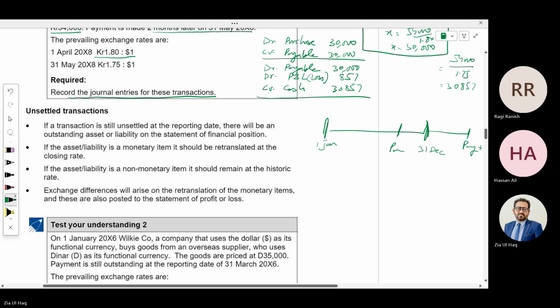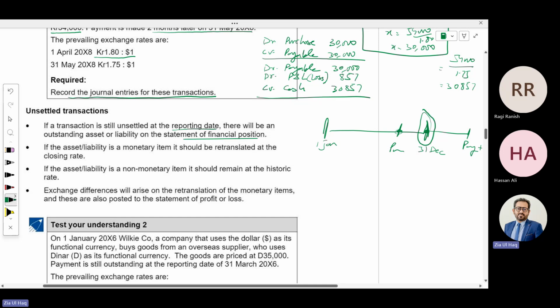This means we need to record, suppose, a purchase liability here. And the rate could be different at the time of purchase and at the year end date. So how should this be accounted for? If a transaction is still unsettled at the reporting date, meaning still payable at year end, there will be an outstanding asset or liability on the statement of financial position.